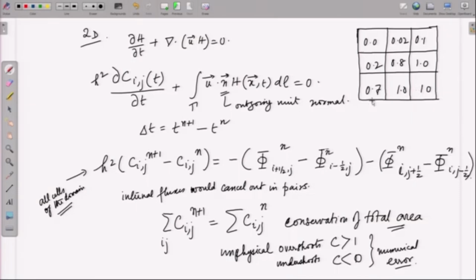Then you will see that the PLIC method may construct the interface at a certain instant in this manner. So, these are the filled up regions. So, this is essentially the piecewise linear interface.